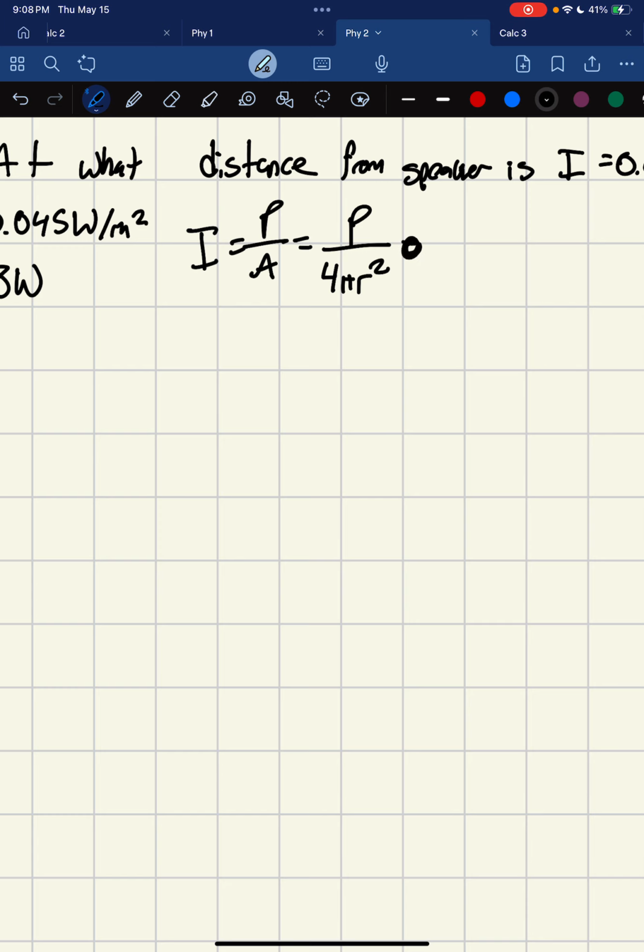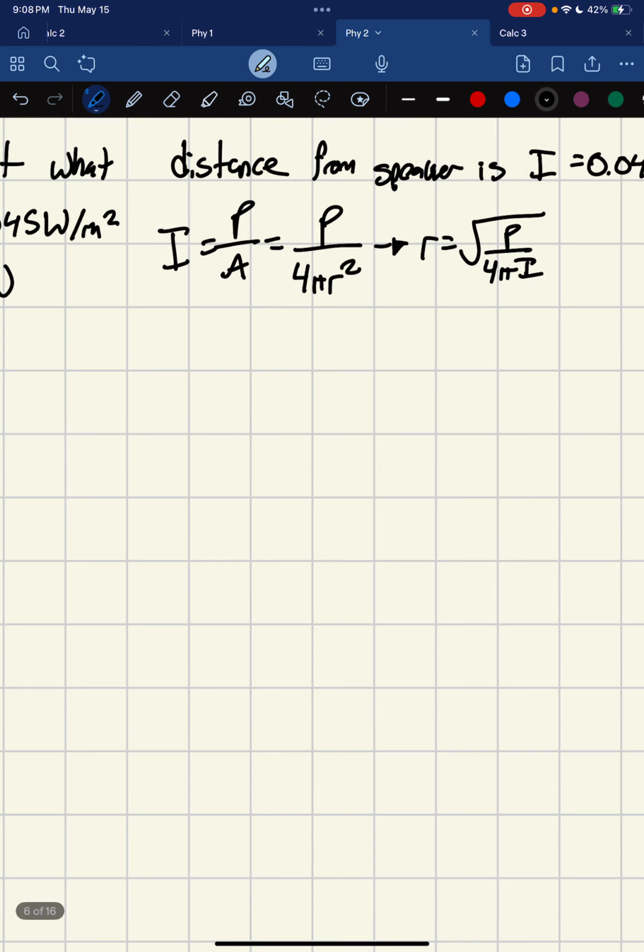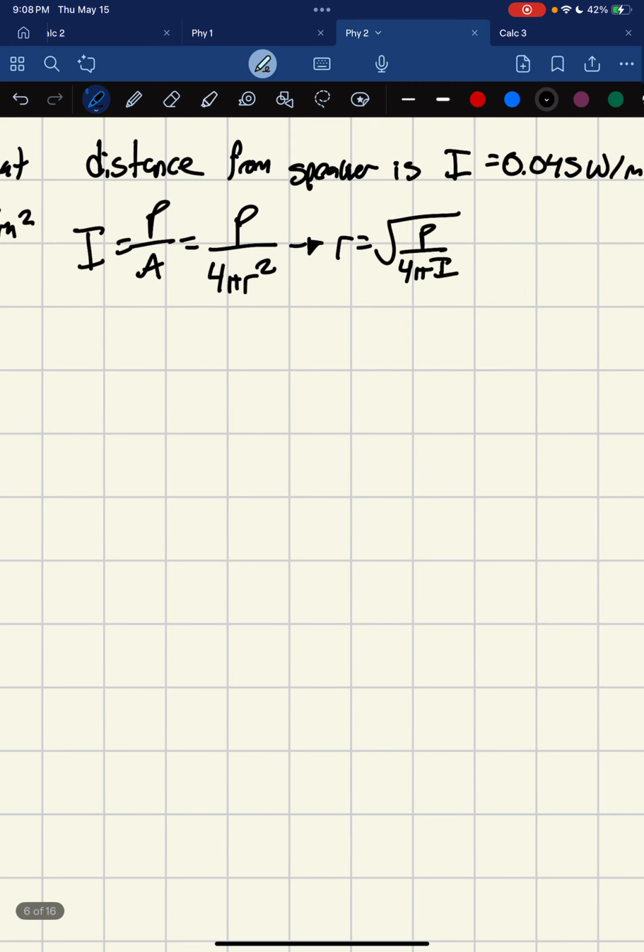And since I'm solving for R, I can rearrange this formula to look like R is equal to the square root of P divided by 4 pi I.